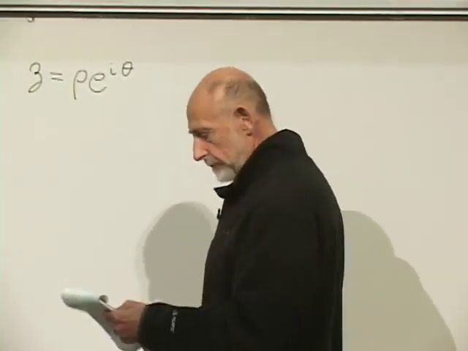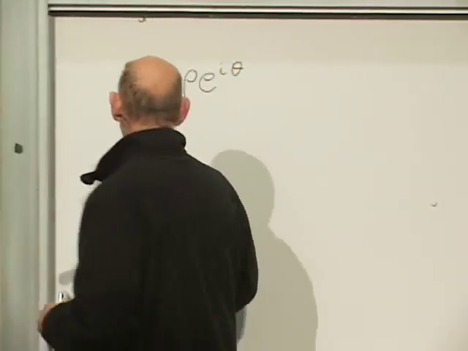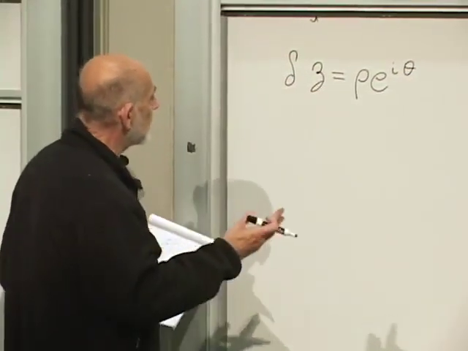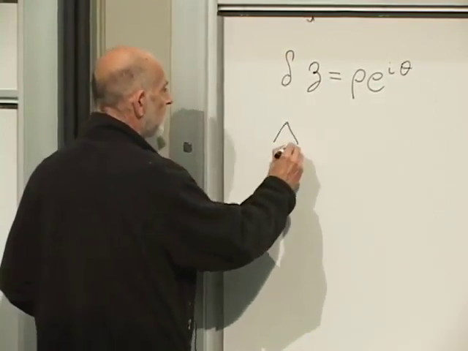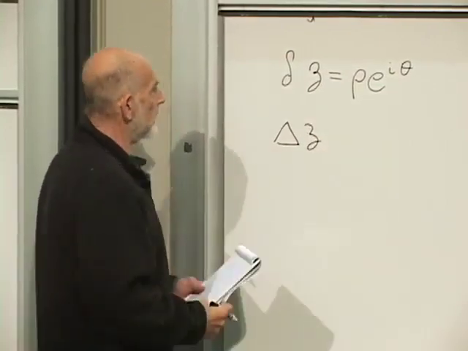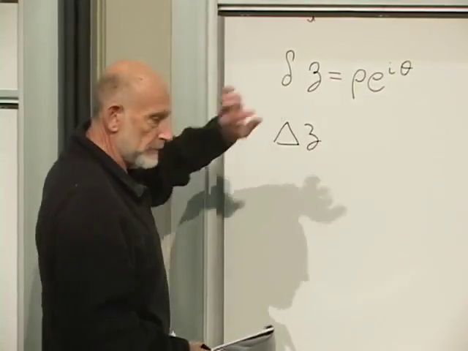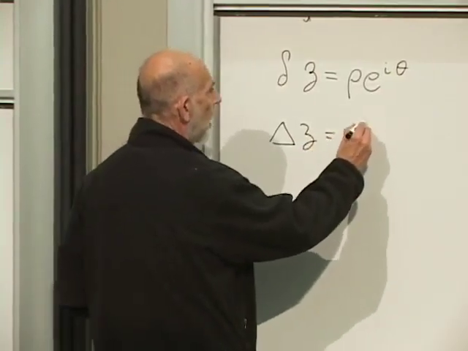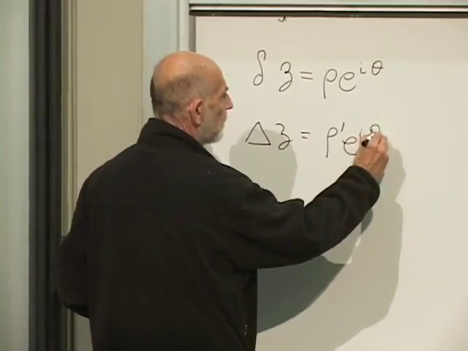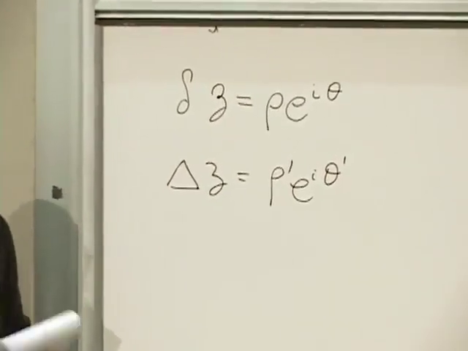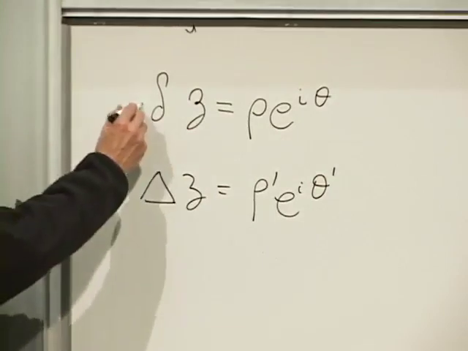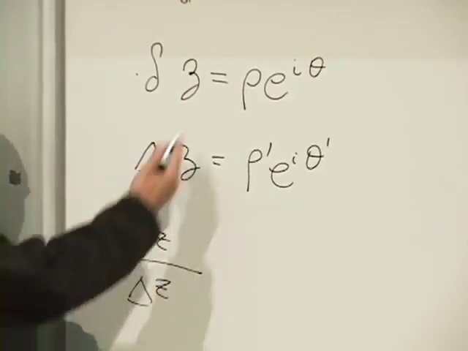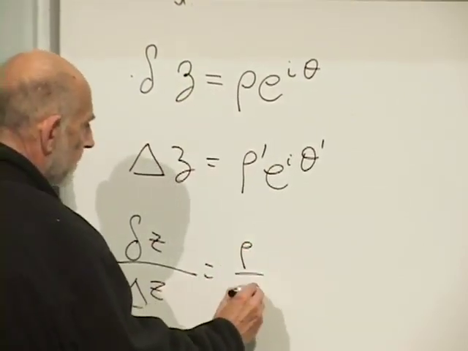Now, supposing we have two complex numbers, let's call this delta z, because I really do mean it to be a small little displacement. Let's suppose I have another one, let's call it capital delta Z. Each one of these is intended to be a small displacement, but for the moment they're just complex numbers. And this one is called rho prime, e to the i theta prime. Think about the ratio of these two. The ratio, delta z over capital delta Z, first of all has rho over rho prime.